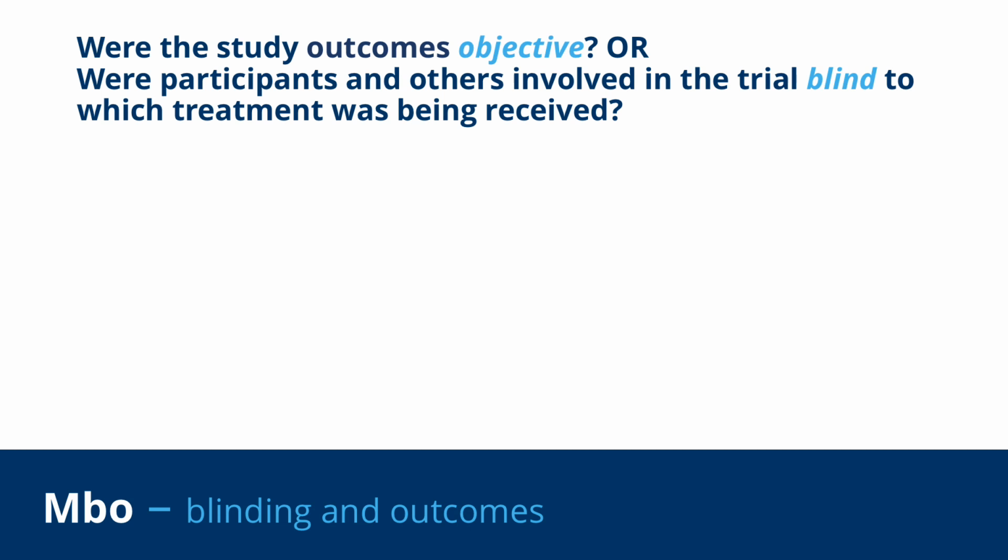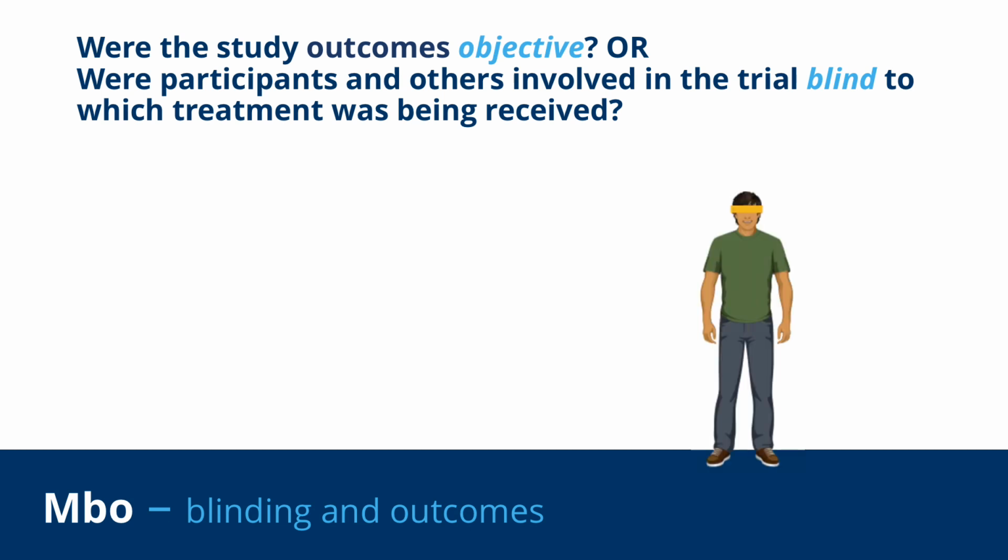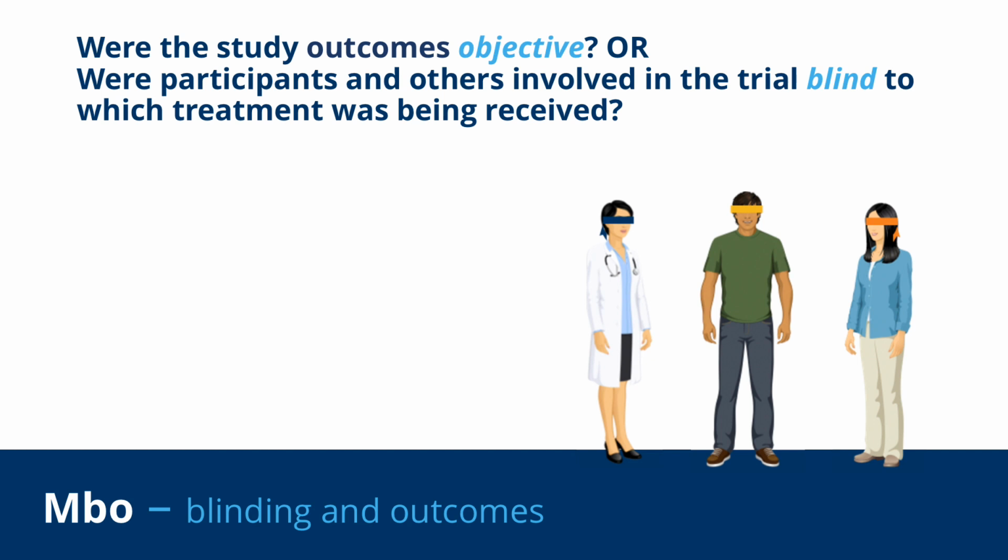The last issue to consider when appraising an RCT is the trial outcomes and blinding. Blinding is when people involved in the trial do not know whether the study participant is receiving the intervention or the control. People who can be blind in a trial include the participant themselves, any people caring for the participant, administering the intervention or collecting or assessing study outcomes.